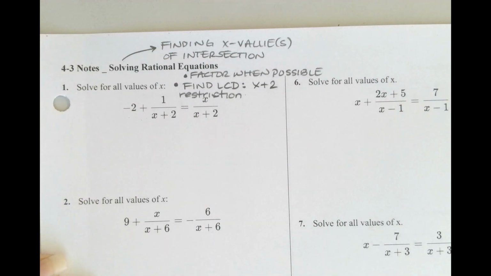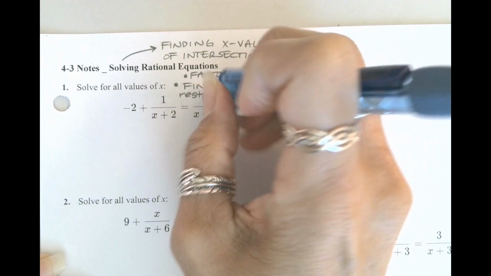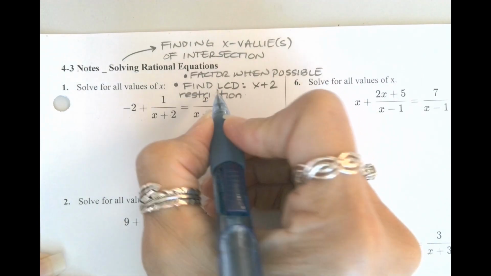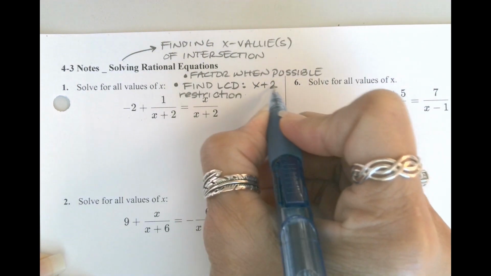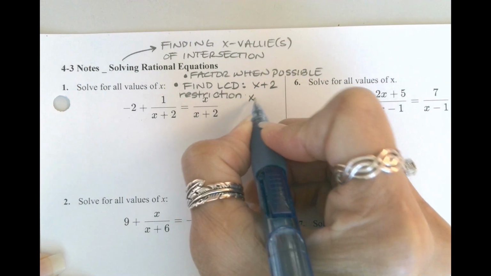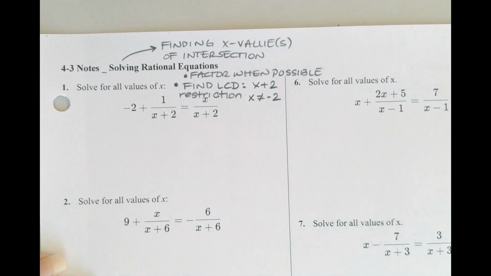So if I set x plus 2 equal to 0 and solve, what I need you to tell yourself as far as restriction goes, and I'll go into more depth what this means, is, hey, x cannot equal -2, okay? This restriction is an undefined value.